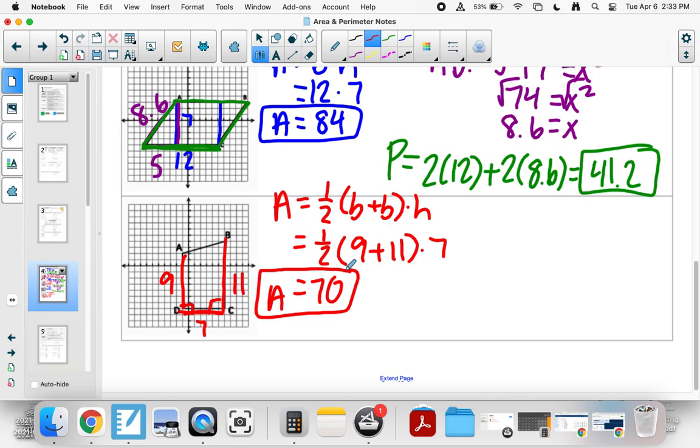Perimeter, only problem is I have to find one side. I need to find AB. If you notice, we can make this little triangle. I already know this length is 7, and this is pretty easy to count. I count that to be 2. So to find the length of AB, we have 7 squared plus 2 squared.